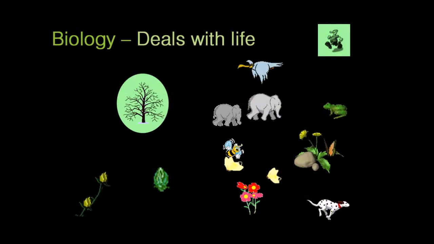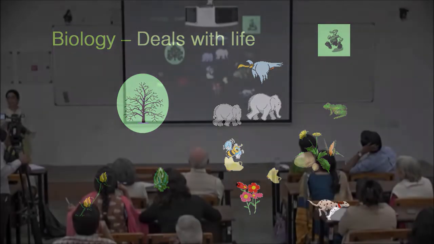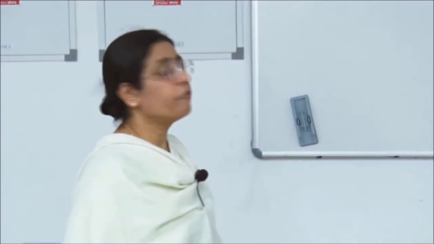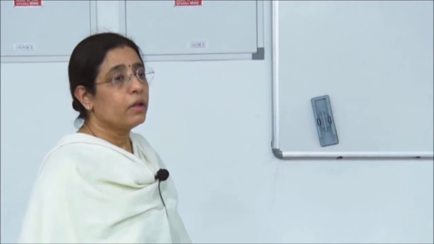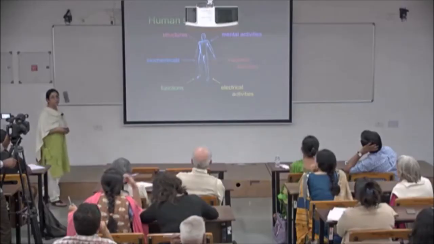And biology, if the matter is animated matter, if it has life, then biology deals with life. So you have the same subject matter, but you can look at it from different perspectives. That's very much possible.